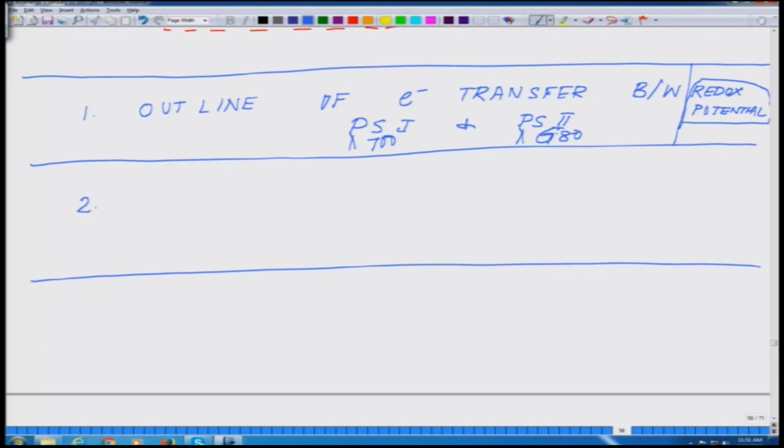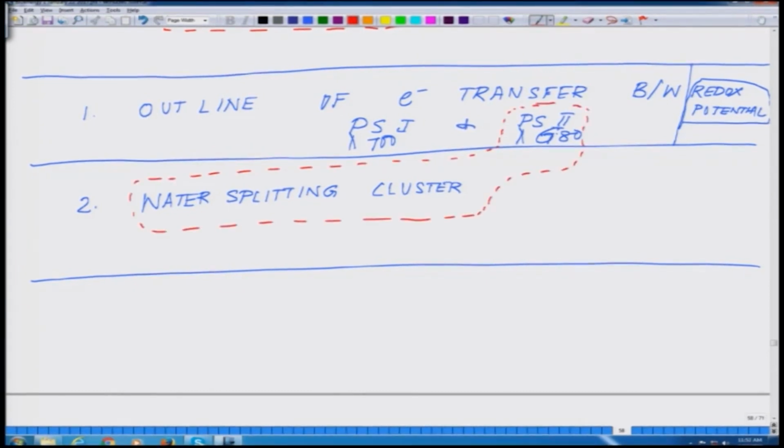Second thing, we will talk about the water splitting cluster involved underneath photosystem 2 at 680.